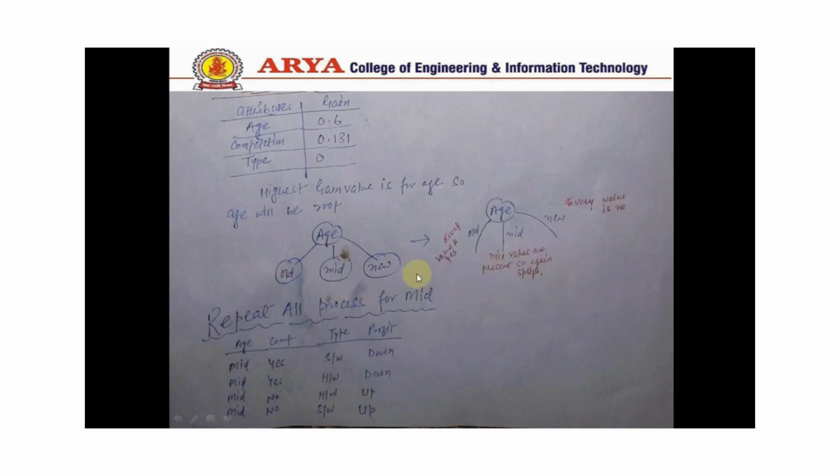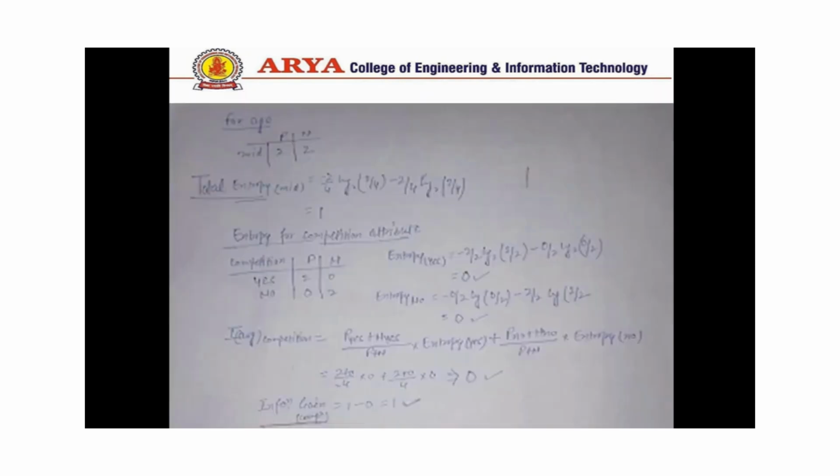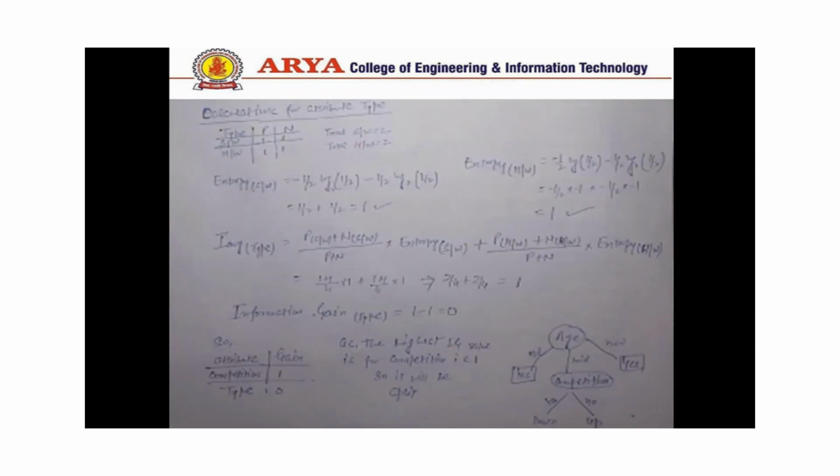We can also see which node will be split further: in the case of old every value is yes, in the same manner in the case of new every value is no, but in the case of mid mixed values are present. So here is a short trick: if you are getting mixed values, the node will be split further.